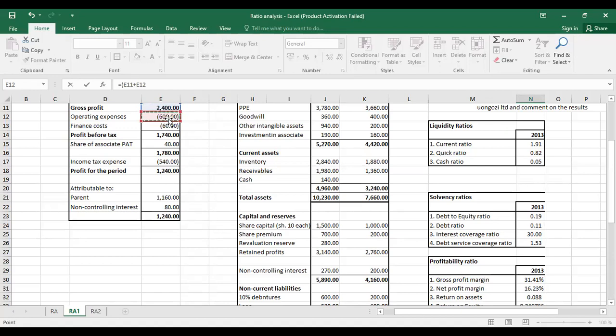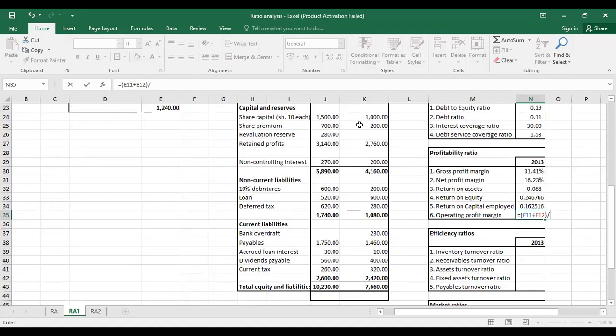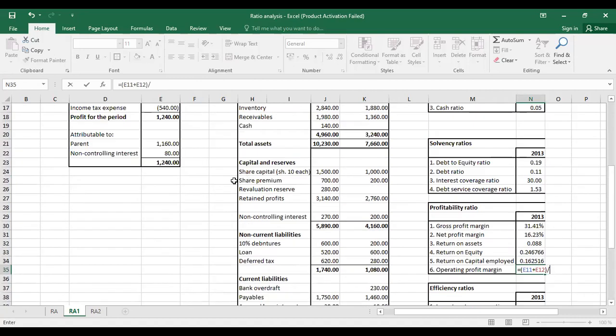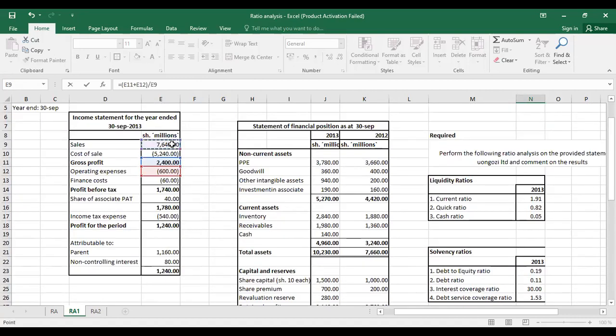I'm lessing because it is in bracket, it means it's a negative. Divide by our sales.